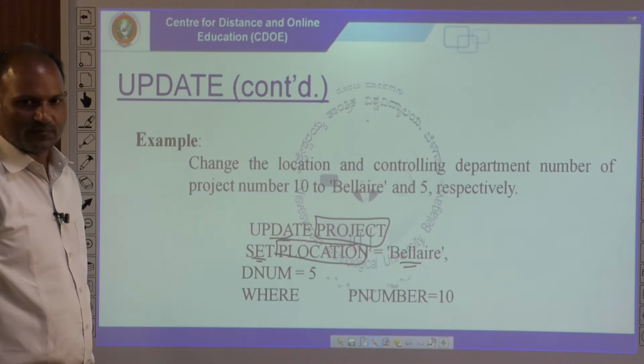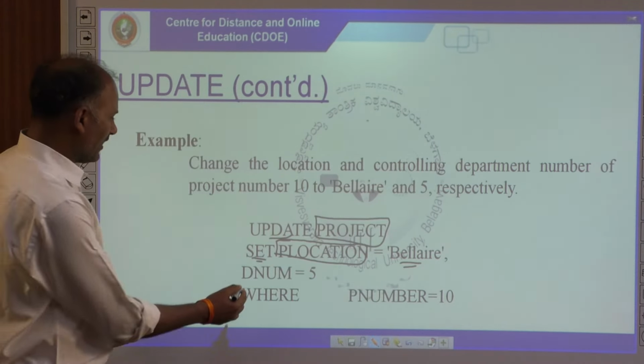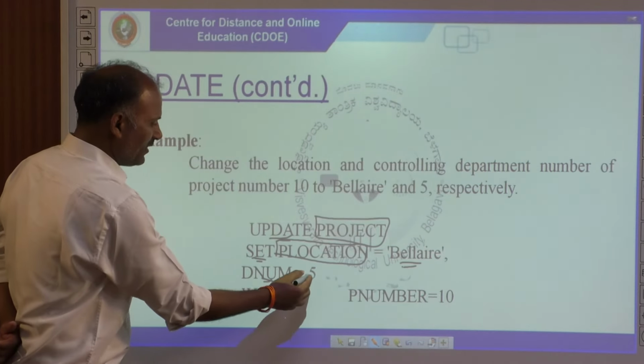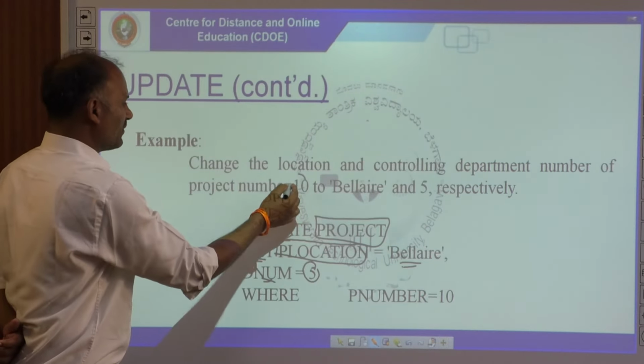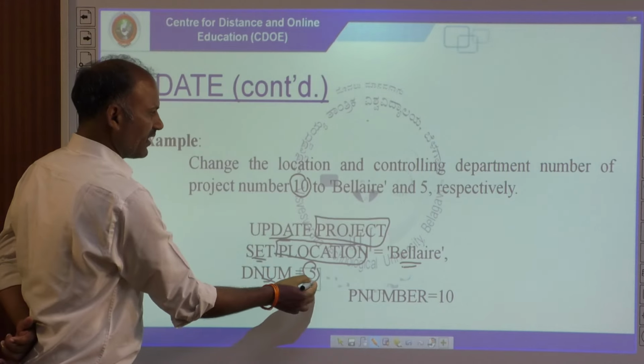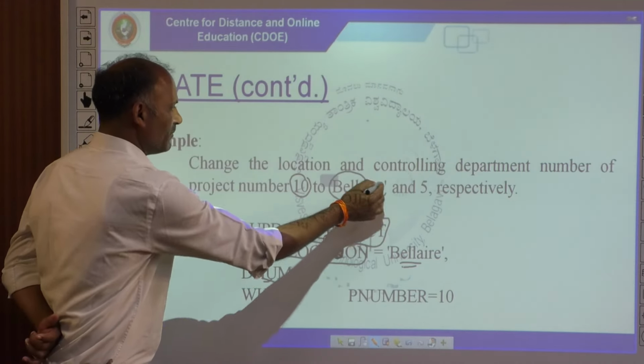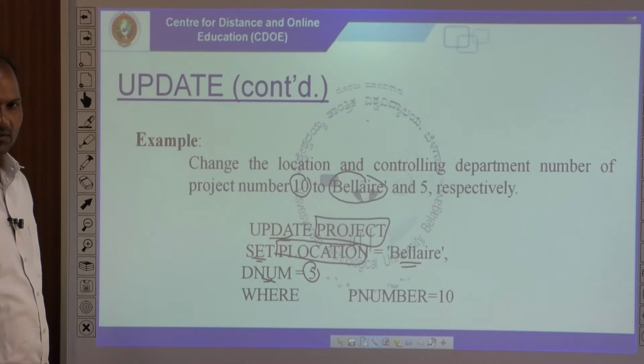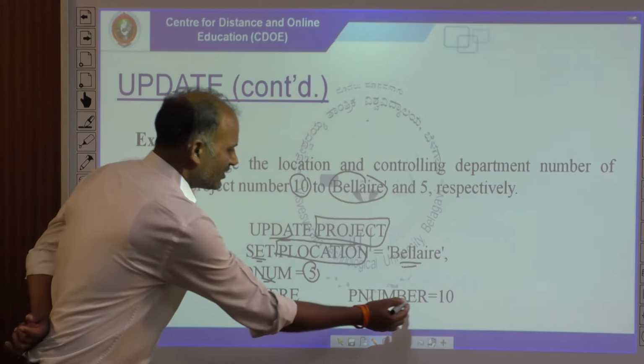The department number of that corresponding location must be 5, so it will be changed from 10 to 5, and the location will be updated to Bel Air, where the project number is 10.